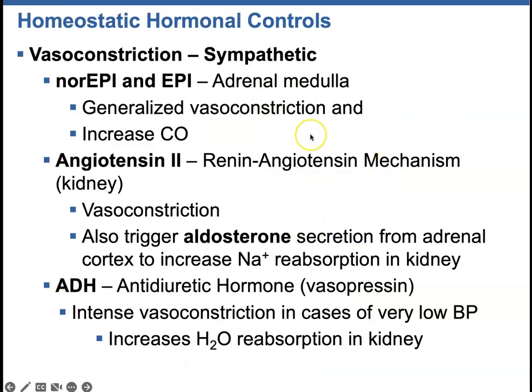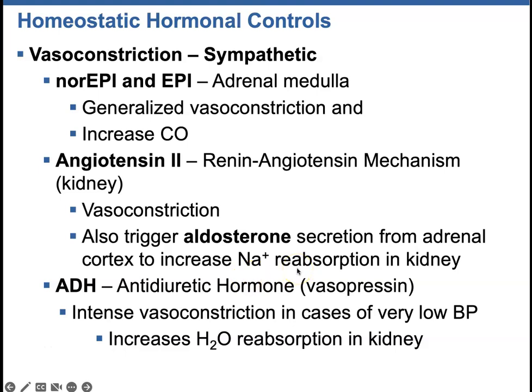Then the vasoconstricting chemicals, just to remind you guys, these are your sympathetics. So it's going to be your norepinephrine, epinephrine, and your dopamine. And then again, remember that angiotensin II is produced by the renin-angiotensin system. Angiotensin II is a generalized vasoconstrictor and also triggers aldosterone secretion so that you will reabsorb more sodium.